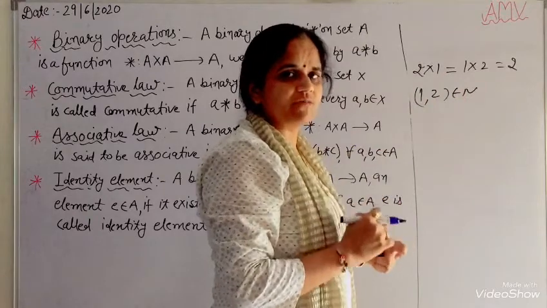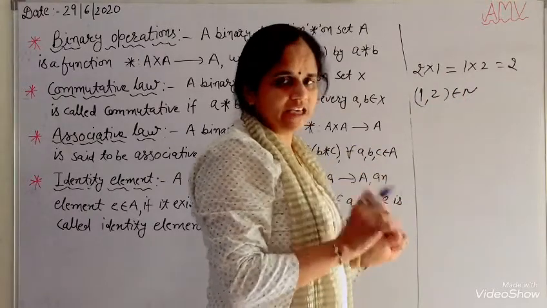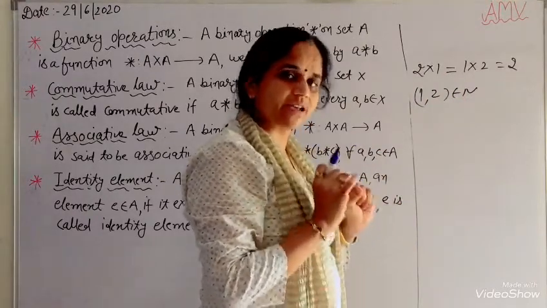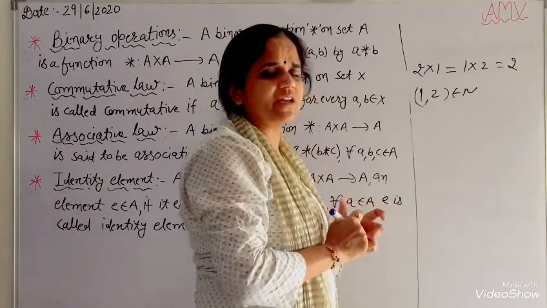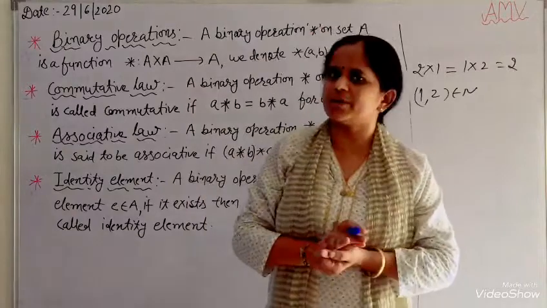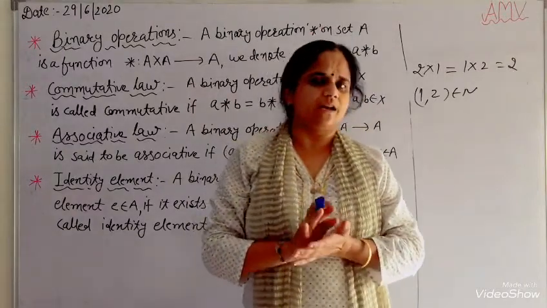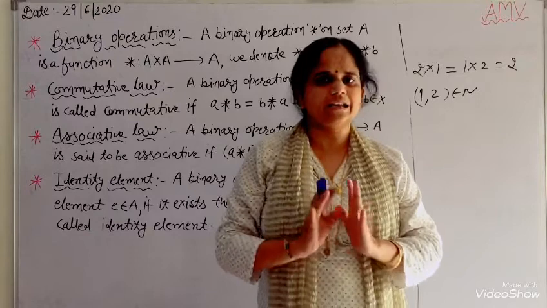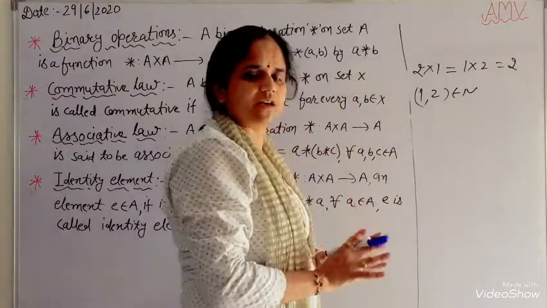Here we will denote it by E. E is the identity element. The operation will be given in the question, student. It's not necessary that the 4 fundamental operations are used: plus, minus, multiply, divide. Any other operation can be given in the question.